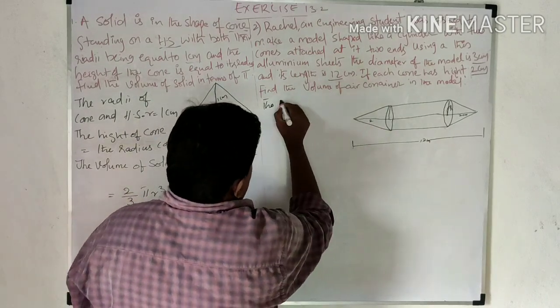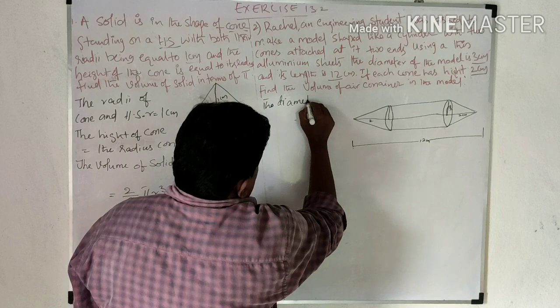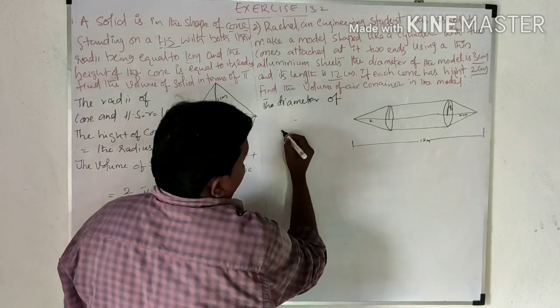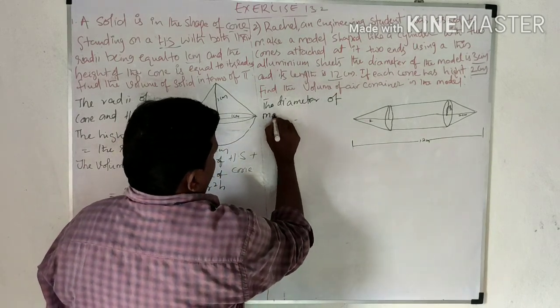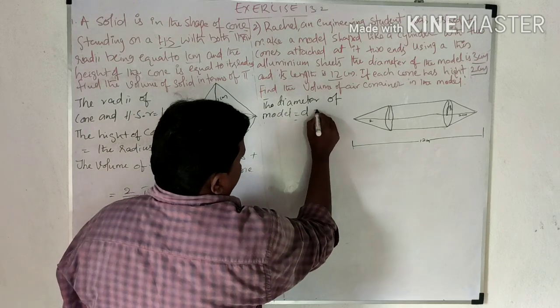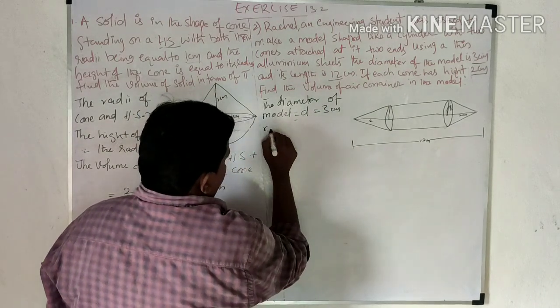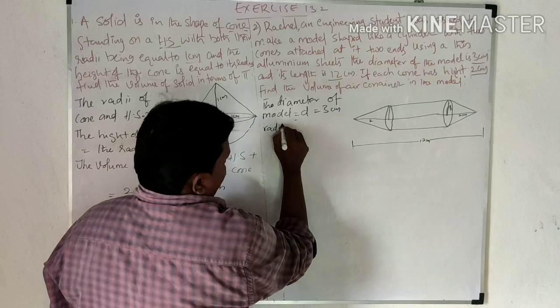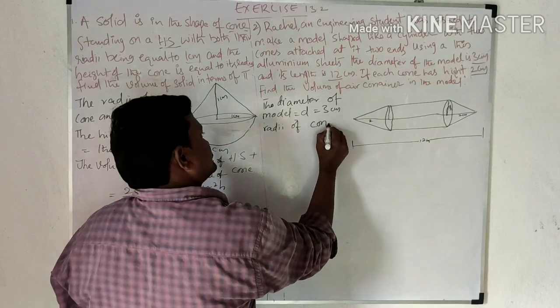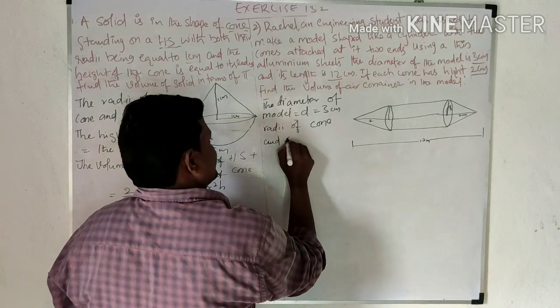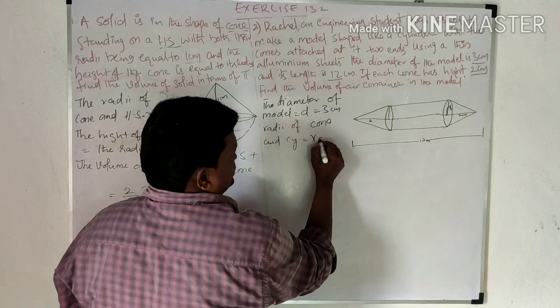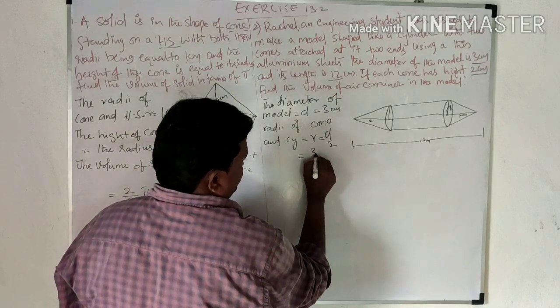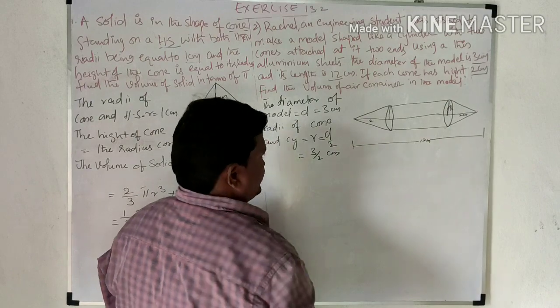The diameter of the model is D equal to 3 centimeters. Now radius of cone and cylinder is r equal to D by 2, that is equal to 3 by 2 centimeters.